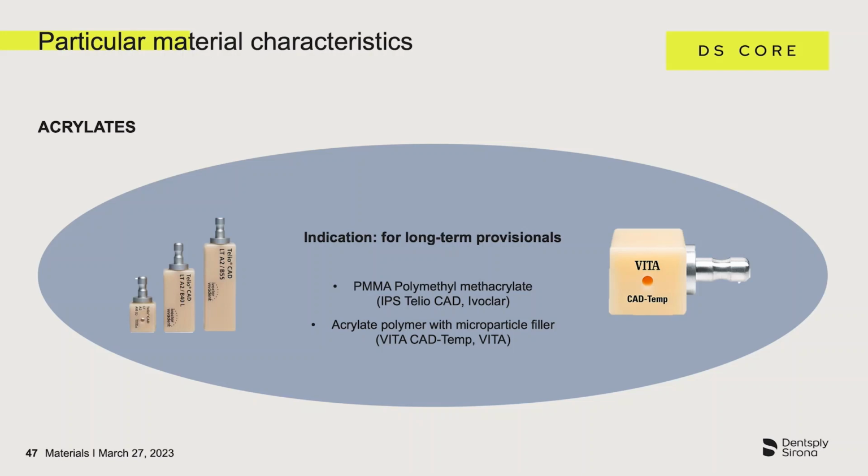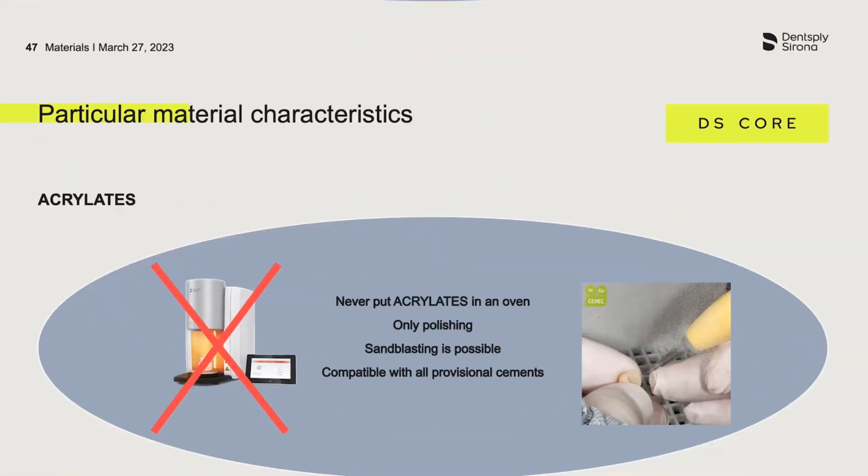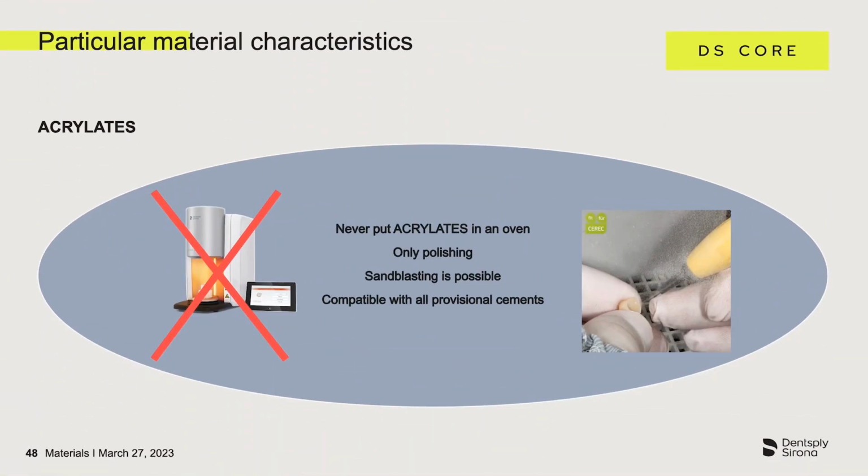On the other hand, we are talking about acrylate polymers with microparticle fillers. Here, VitaCAD Temp should be mentioned as an example. Acrylics, just like hybrid ceramics, must never be glazed in the kiln because of their structure. They can only be polished and they are sandblasted for surface enlargement.